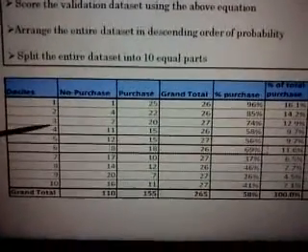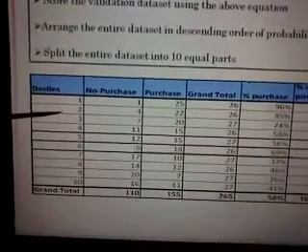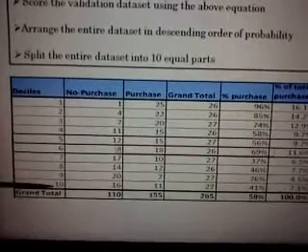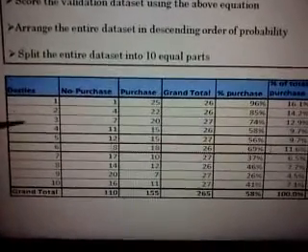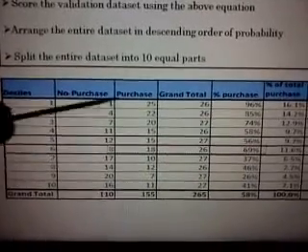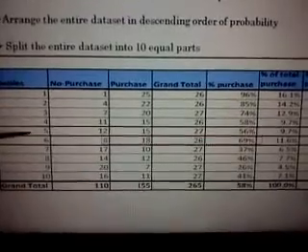So our probability is higher in the top 5 deciles, and again it is lower in the bottom half. So we expect the greater number of actual purchases to fall in the top half of our deciles.